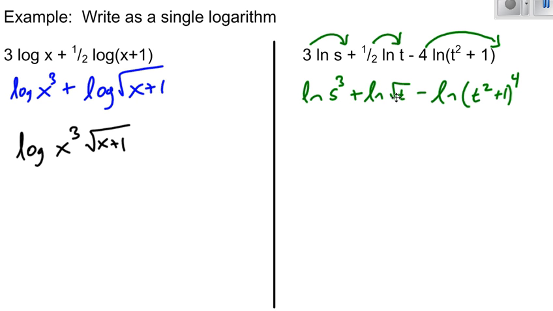Since this is addition, it becomes multiplication, since they're all in the same natural log. So it's natural log of s to the 3rd times the square root of t, and minus means over, t squared plus 1 to the 4th.